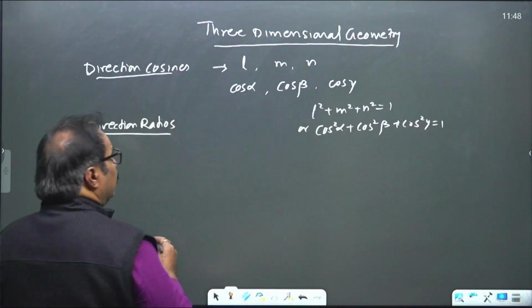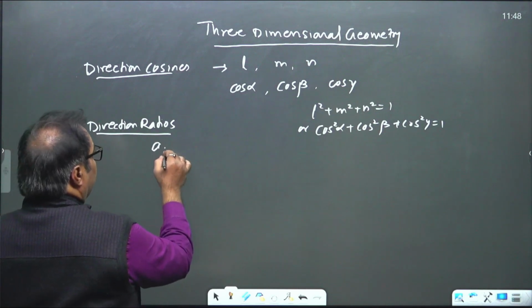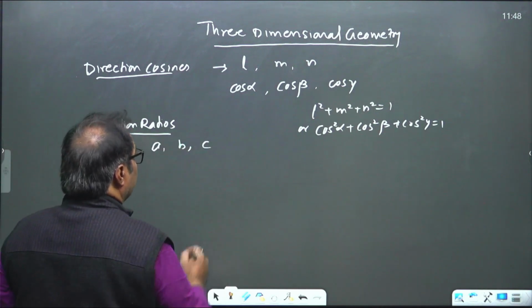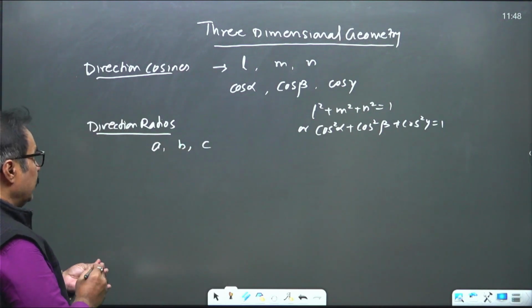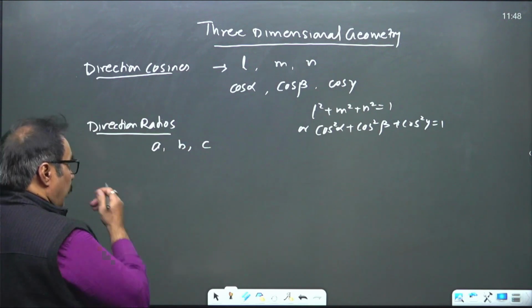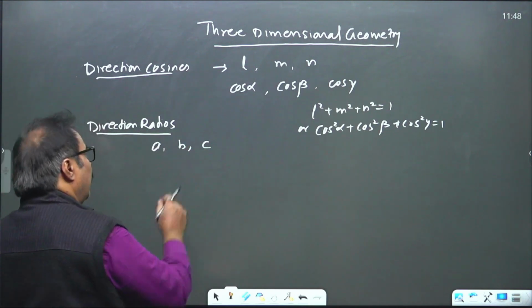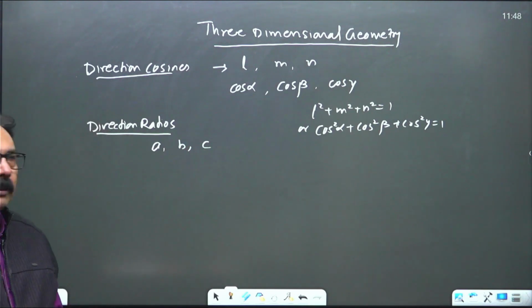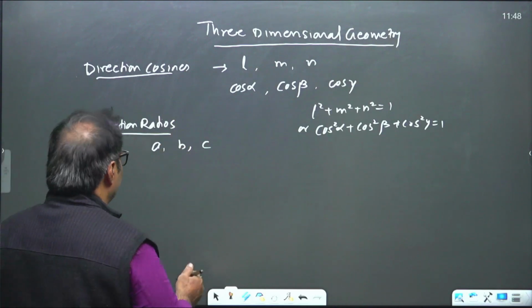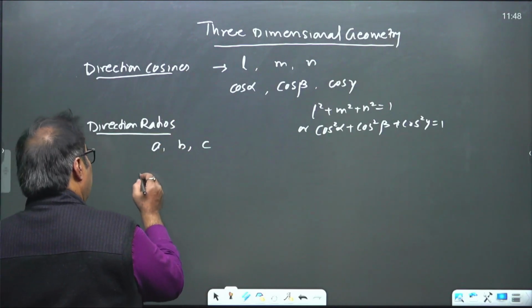Direction ratios are denoted by A, B and C. If the direction ratios are given, how do we find the direction cosines?